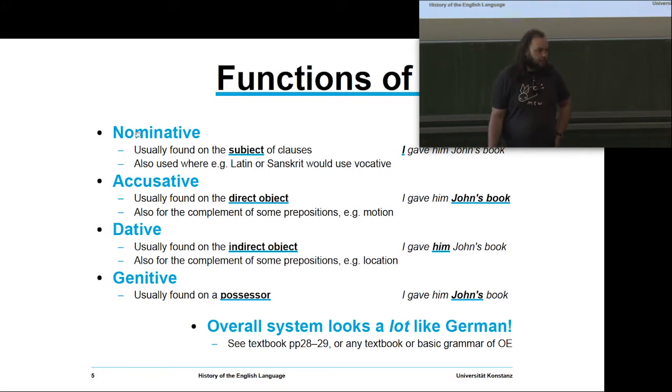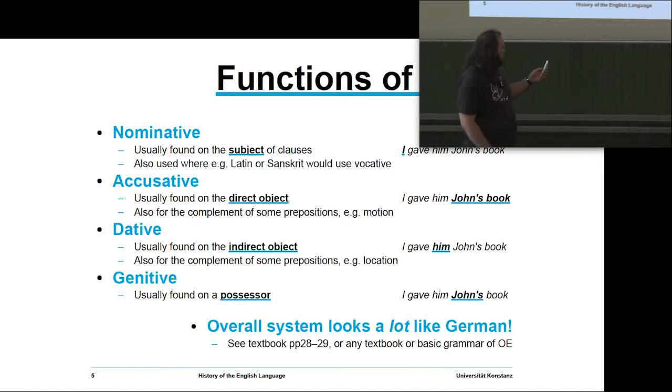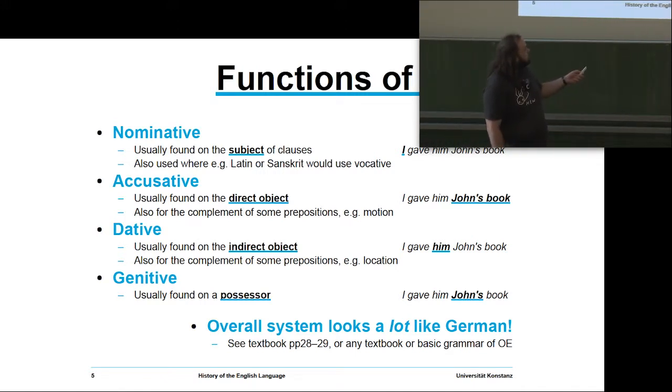In Old English or a language like German, it's even clearer because there's actually more agreement to tell you what the subject is. But that's what the nominative case is used for, more than anything else. So in a sentence like "I gave him John's book", this "I" is the subject.